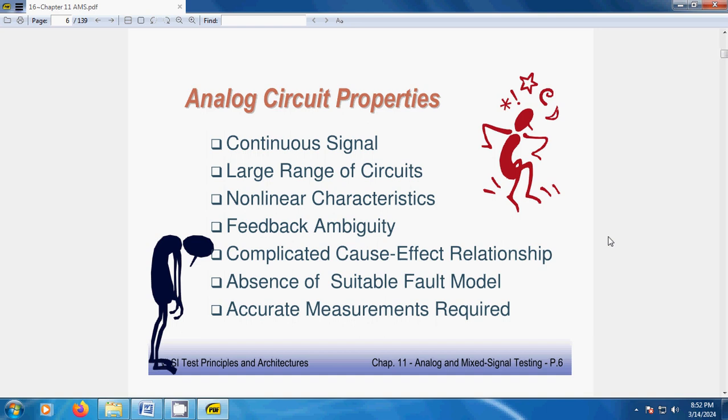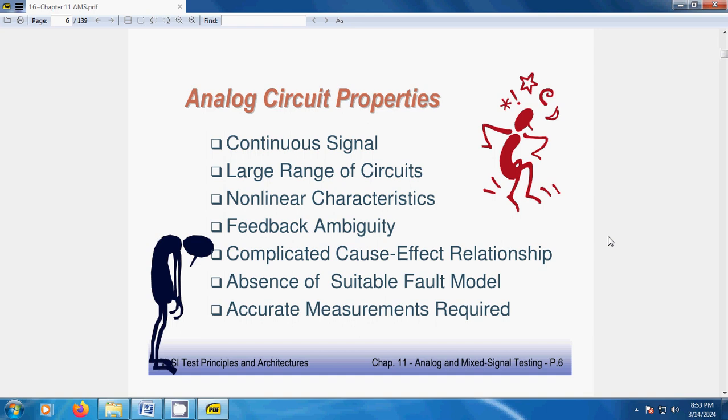Okay. And then here the analog circuits do not have a suitable fault model that covers all the circuits. For example, you may have a type of fault model for a diode that does not apply for a BJT. If you have something for BJT, it does not apply for op amp. So there is an absence of a suitable fault model that is universal for all these types of analog circuits.